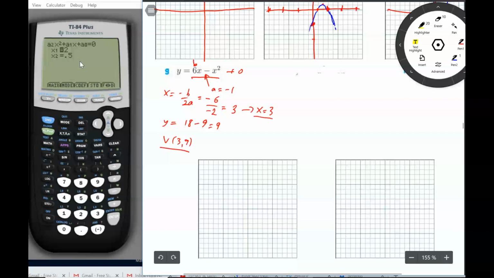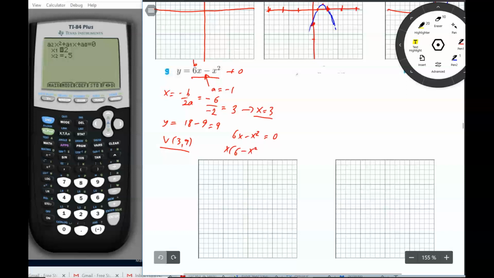Let's find our x-intercepts. The way we would find our x-intercepts is we set the expression 6x minus x squared equal to 0. And then we could do quadratic formula, but this is a really easy factoring job, right? Normally I say don't do factoring, but in this case, the factoring is kind of effortless.